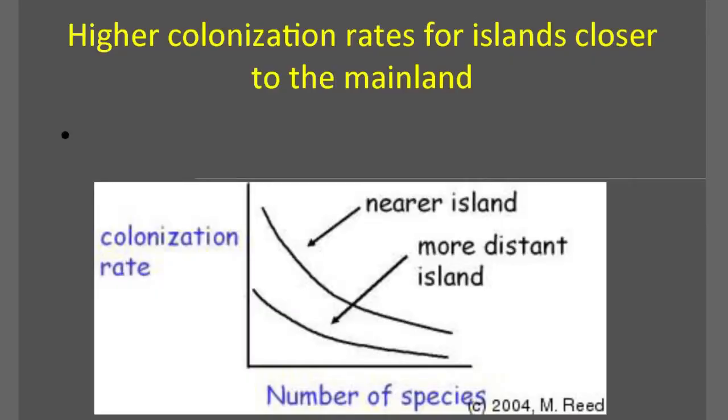Well, that may be very important if you are far from the mainland or close to the mainland. Close to the mainland, there are many species that can arrive. And so they said that near islands should have many more species than faraway islands.